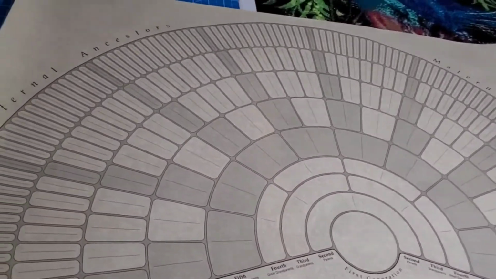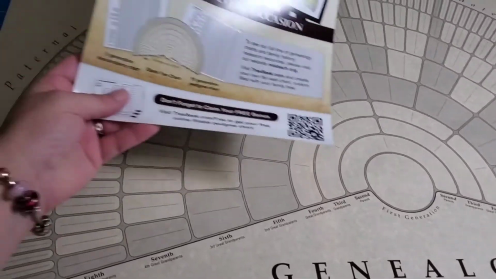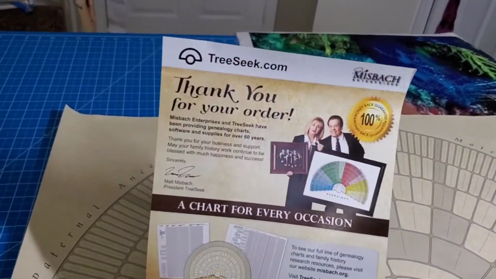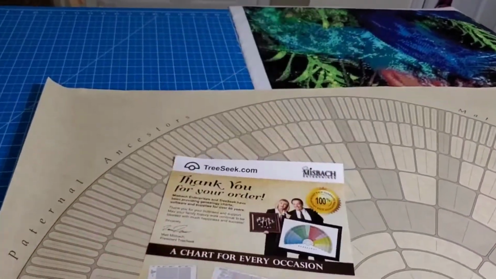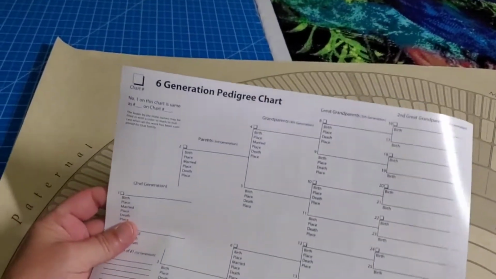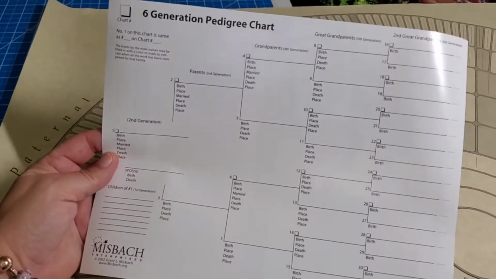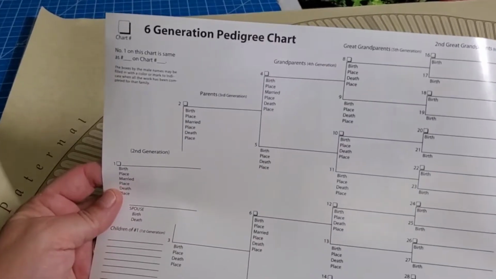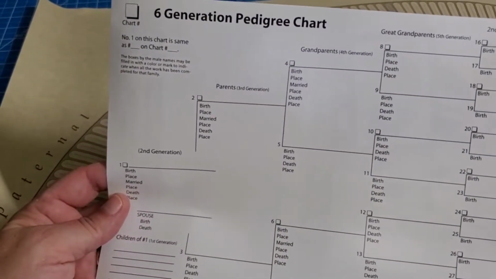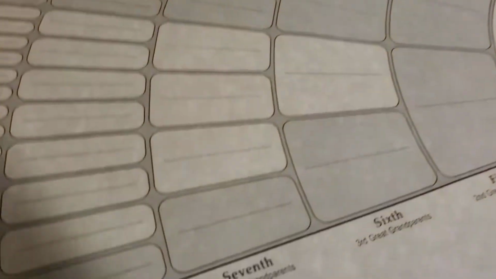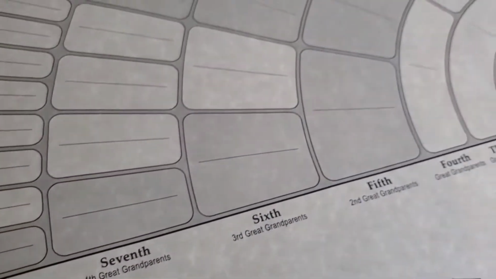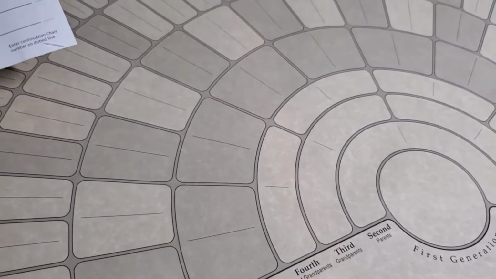But as I was looking at the stuff that came with it, and this is from treeseek.com, they had a sheet of paper that I can make photocopies of, the 6th generation pedigree chart, because I wasn't sure what all information you're supposed to put on here and how exactly it worked.